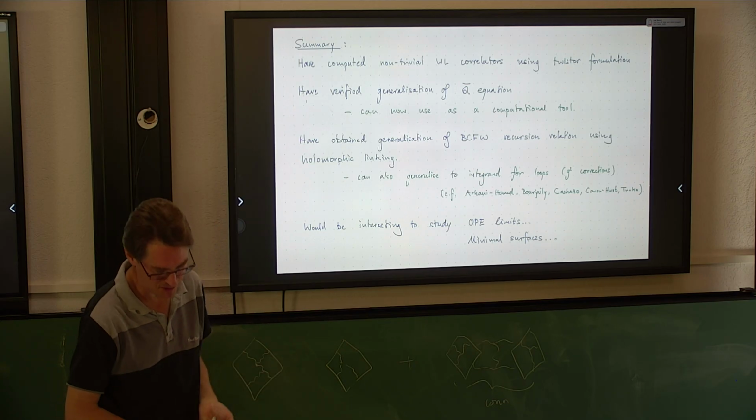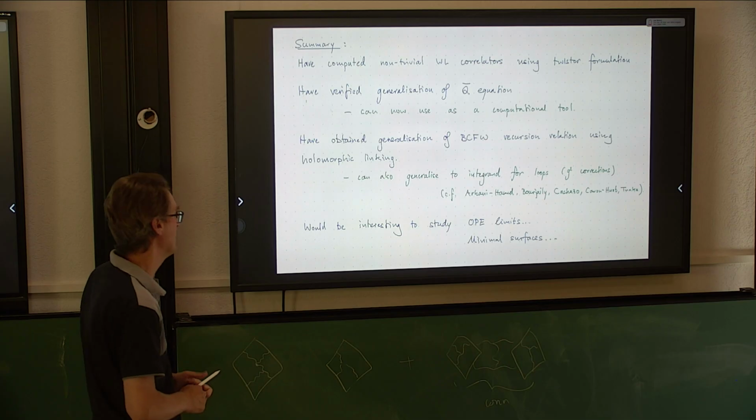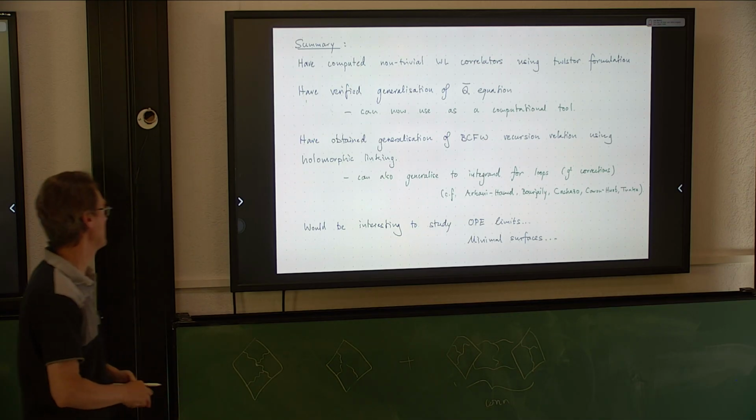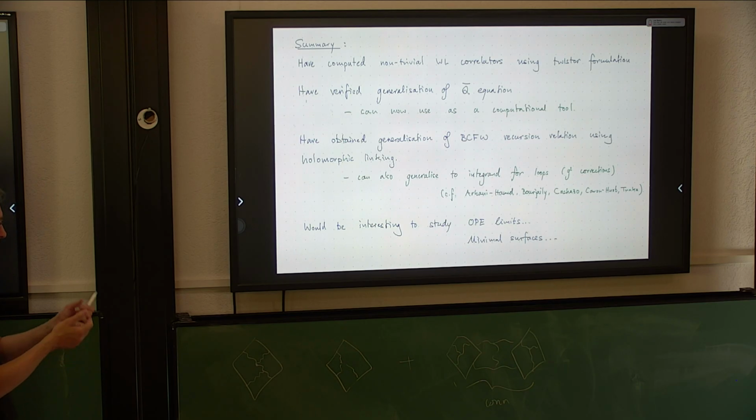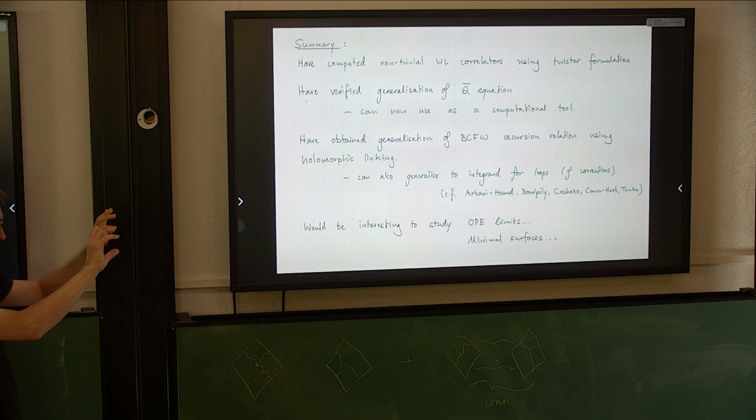Okay, and then the final comment was meant to be that there should be something interesting. Now, I do not know what the underlying geometry should be, but since we've obtained the generalization of the BCFW recursion relation, the original one took disk-shaped objects, and it glued other disk-shaped objects together to get a bigger disk-shaped object.